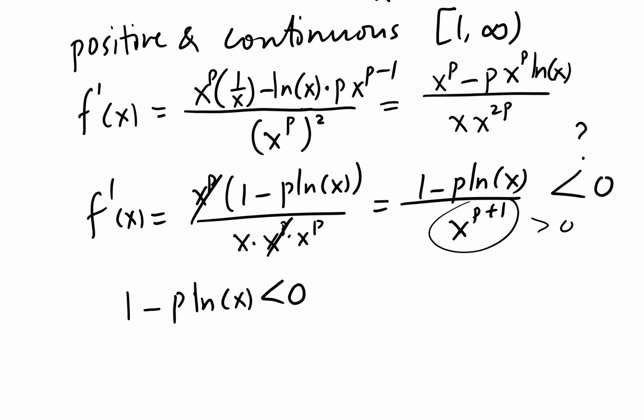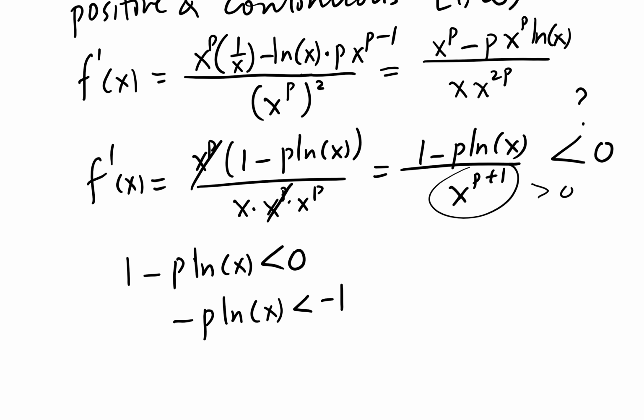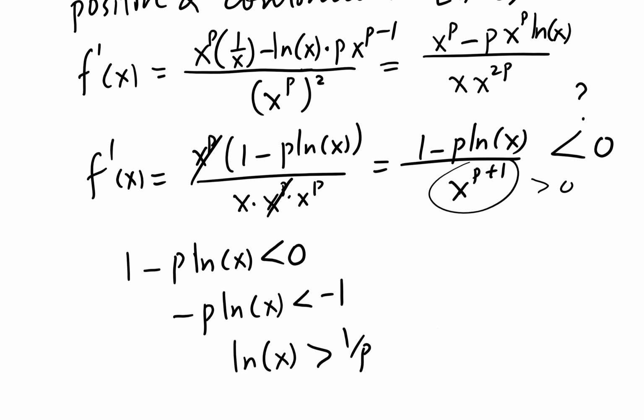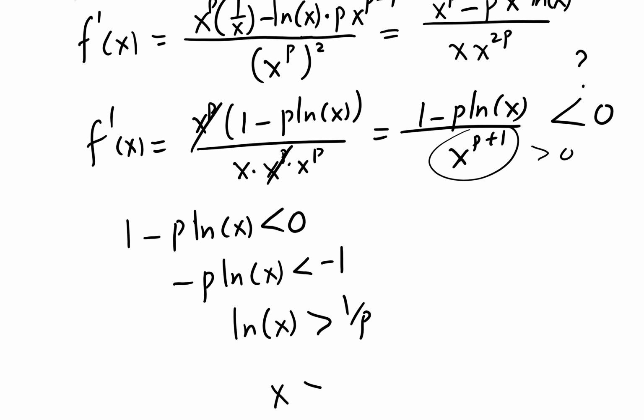And then we can solve for x. How do you solve for x? You subtract 1 on both sides. You divide both sides by negative p, so that will swap the inequality sign. And then x would be bigger than e to the 1 over p.